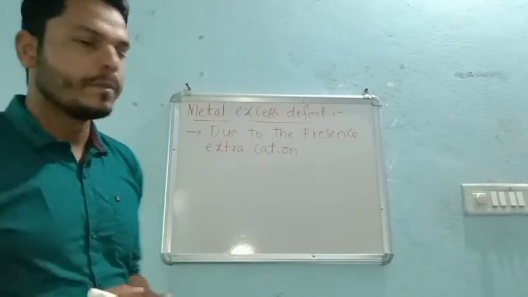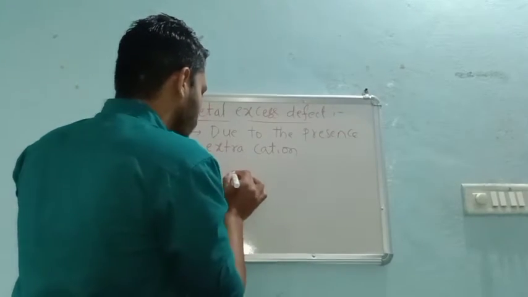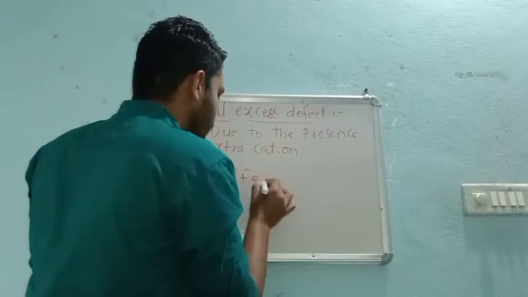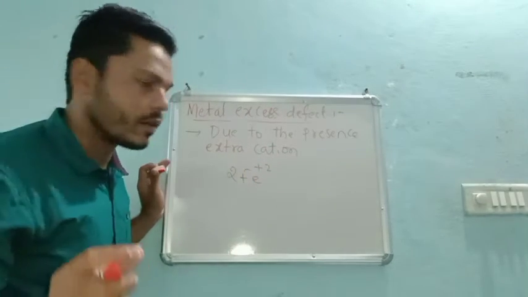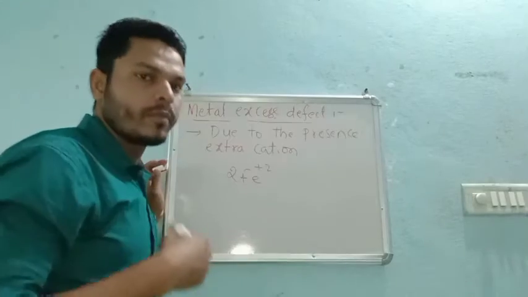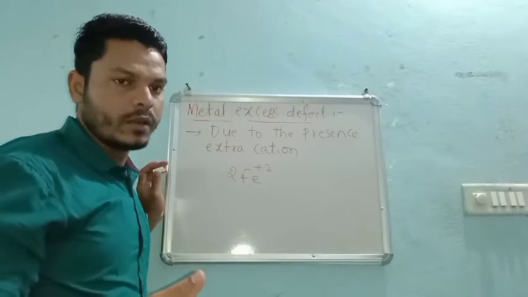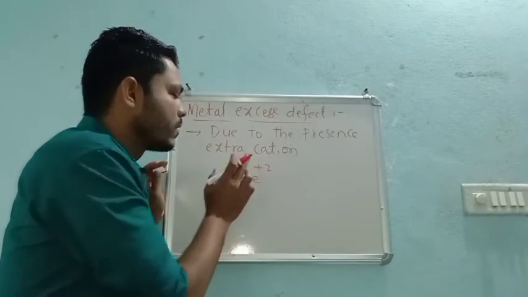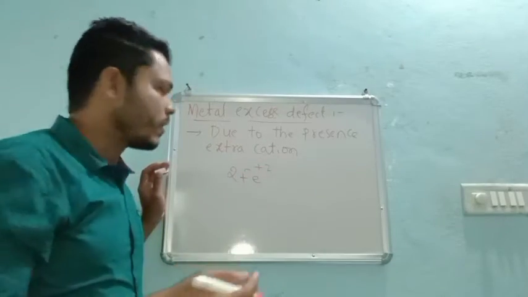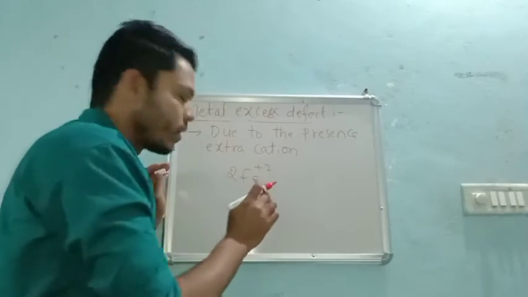Say for example, Fe plus 2. Iron can form a plus 3 oxidation state also sometimes. So the most preferable oxidation states for iron are plus 2 and plus 3.